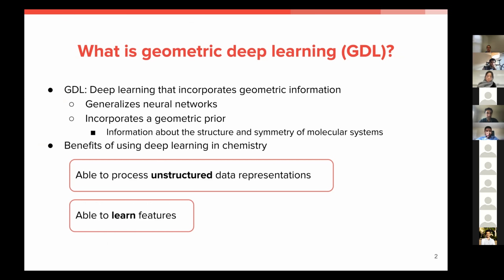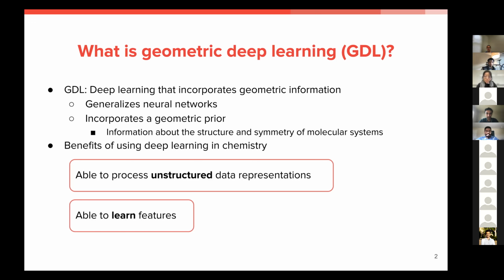It incorporates a geometric prior. A geometric prior is basically information about the structure and symmetry of molecular systems, and geometric deep learning tries to make use of these priors to improve the quality of its models and features.